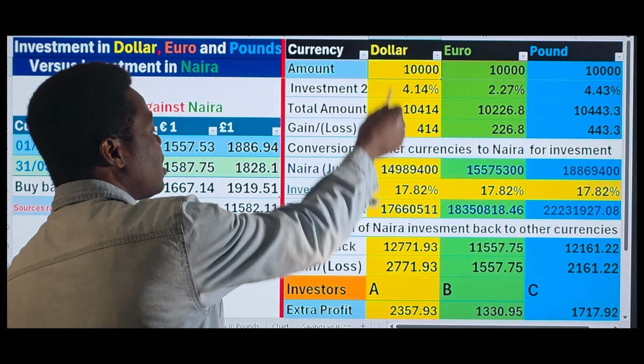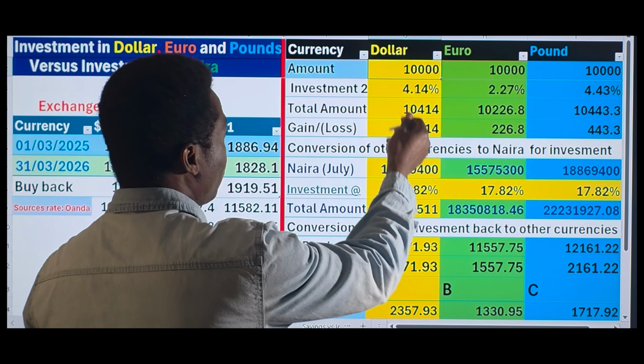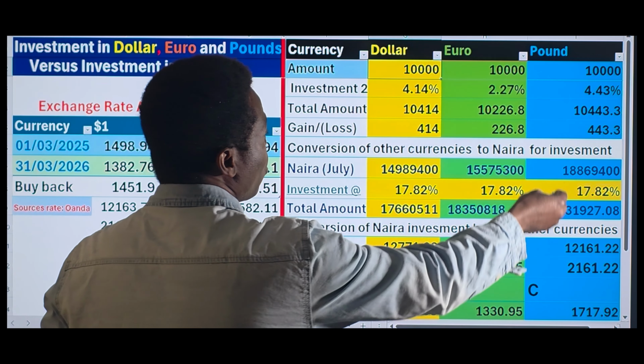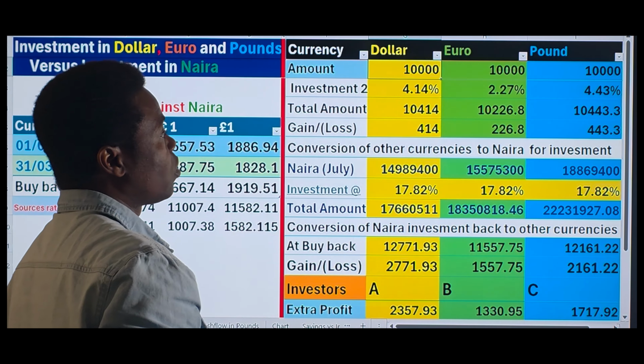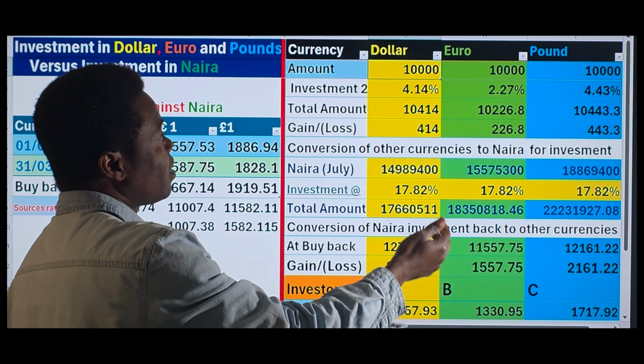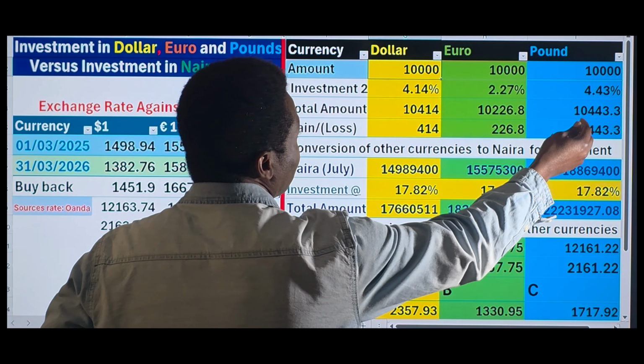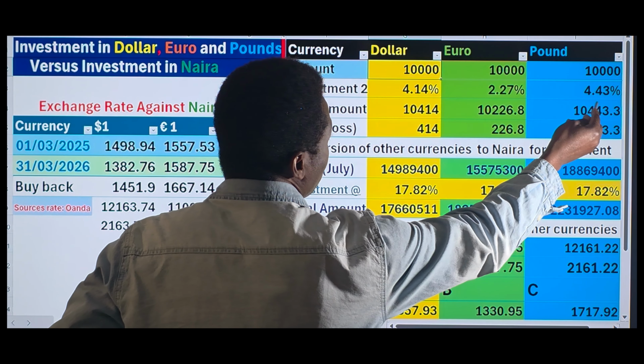The same analysis we carry out for dollar and euro will also be for pounds. But for clarity's sake, let's see how it will go.